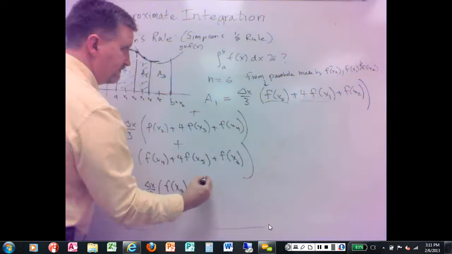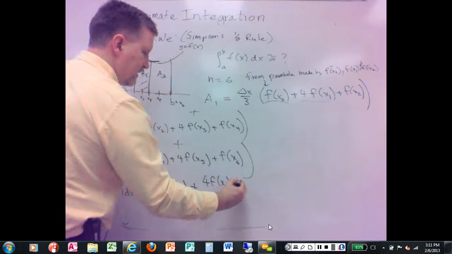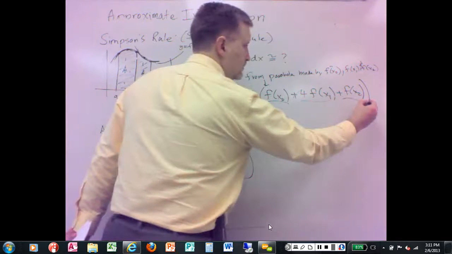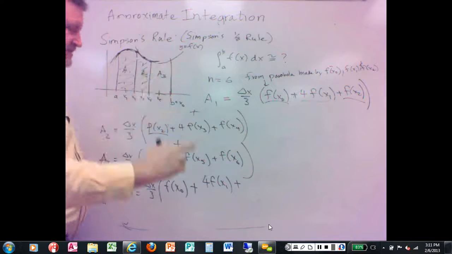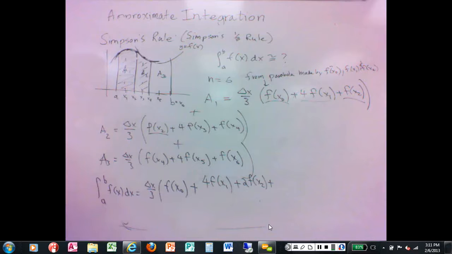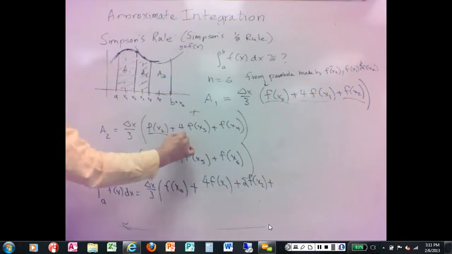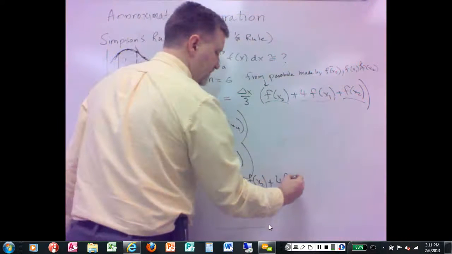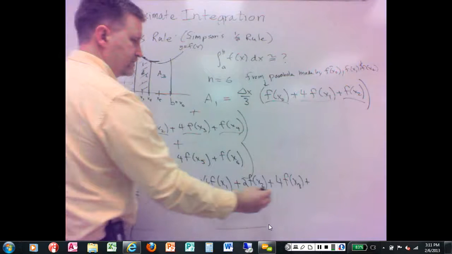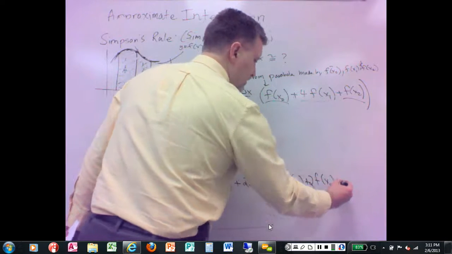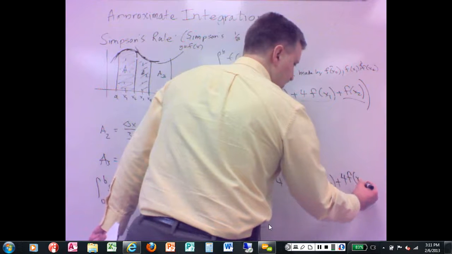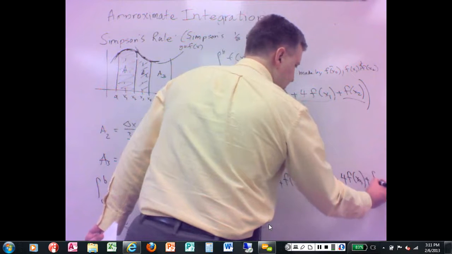So I have 4 f of x sub 1s. How many f of x sub 2s do I have? 2 f of x sub 2s. How many f of x sub 3s do I have? I have 4 of those, 4 f of x sub 3s. I have 2 f of x sub 4s, 4 f of x sub 5s, and 1, last but not least, f of x sub 6.